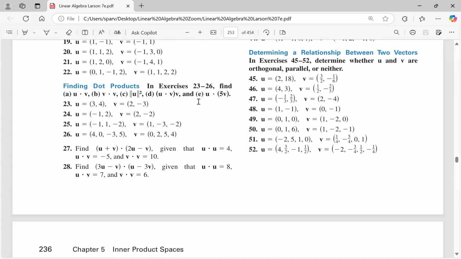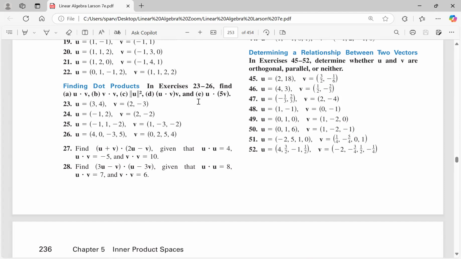And in part D, u dot v times v. Remember, u dot v is going to be a scalar. So in part D, we're looking at the scalar multiple of vector v. And finally, in part E, we want u dotted with the vector that's 5 times the vector v.